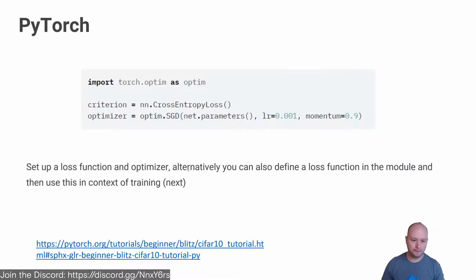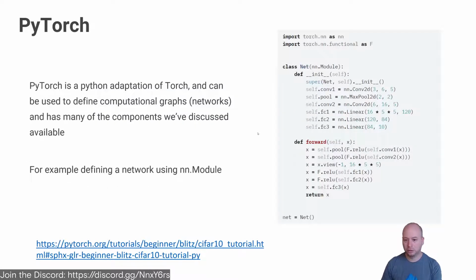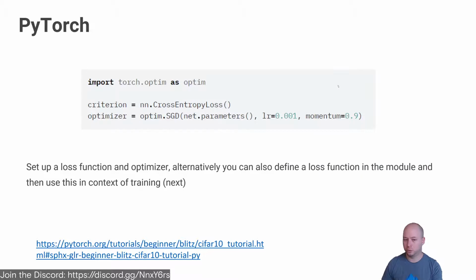Here we define our loss function, so our criterion, the cross entropy loss, which we saw in the logistic regression problem, right? And the optimizer, as we discussed, is stochastic gradient descent. We use the parameters of our network. The net has a function called parameters, which is just from the NN module.